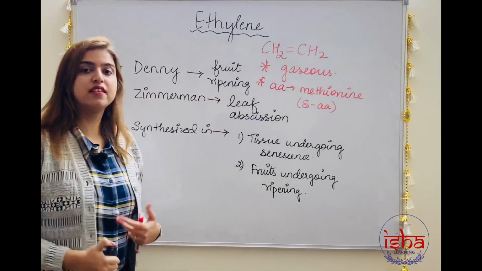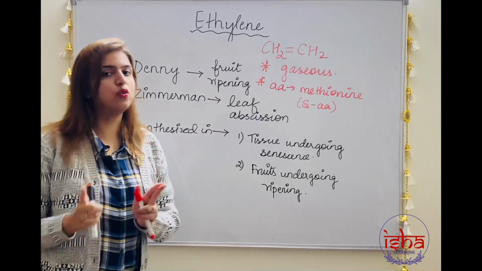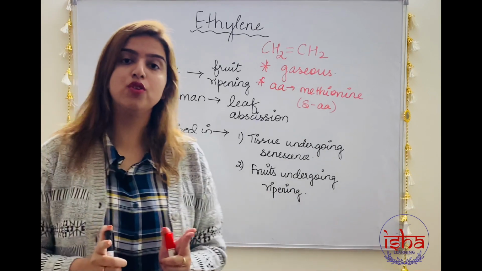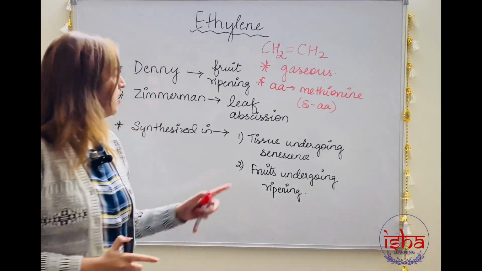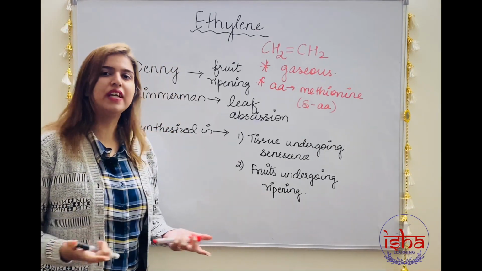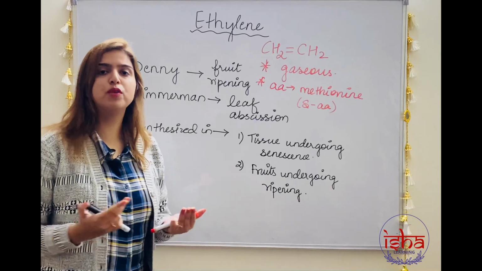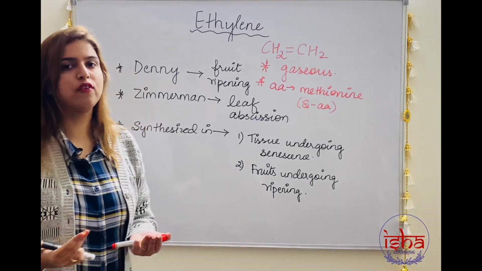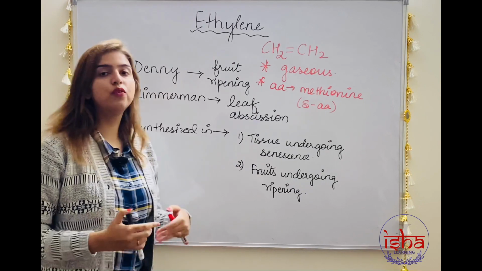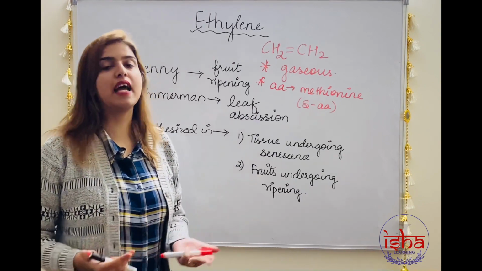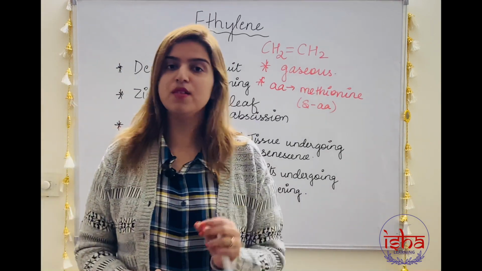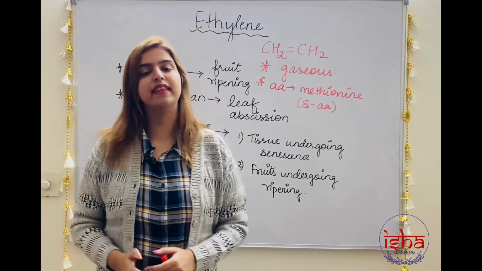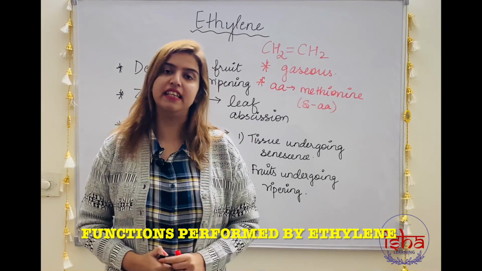What these two scientists told was exactly the location where this hormone is going to be found in the plants. Number one, tissues undergoing senescence, like the old mature leaves or the mature fruits, and also the fruits that are undergoing the ripening process. With this background, let's move to look at the functions performed by ethylene.